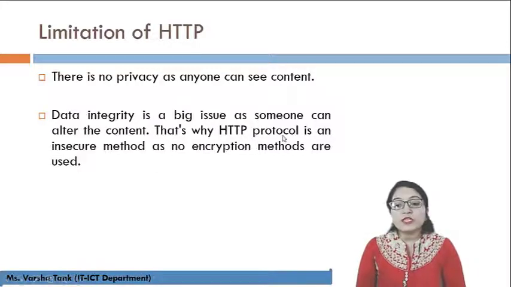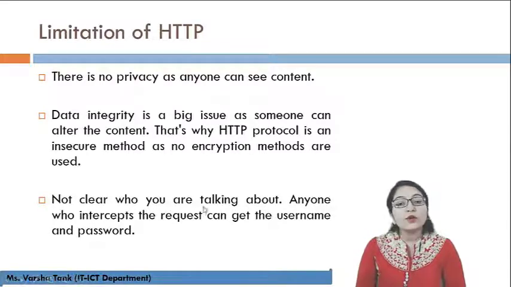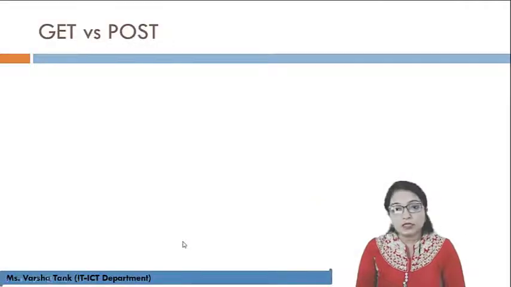So that's why HTTP is an insecure protocol, as no encryption methods are used, but HTTPS is secure. It is not clear who you are talking to. Anyone who intercepts the request can get the username and the password. So these are the limitations of HTTP because it is not very secure.